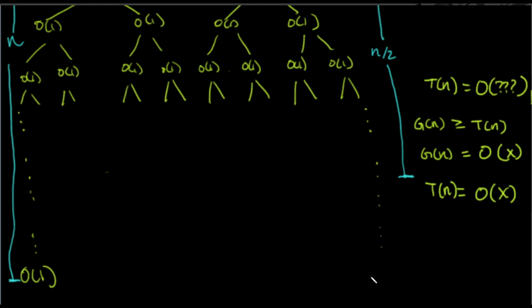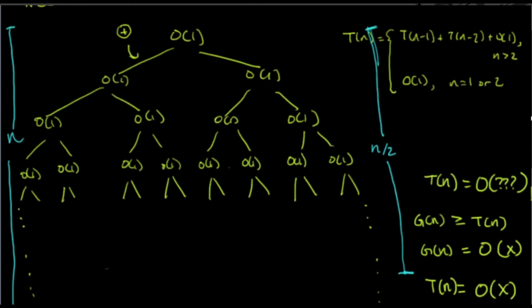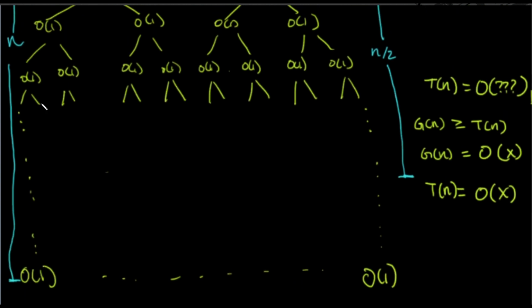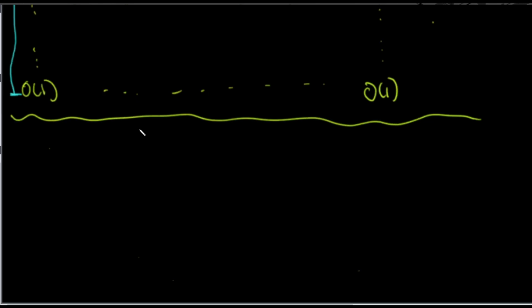We're going to bring this O of 1 down here, and we're going to do this for every single intermittent branch in the middle over here. We're going to bring all of them down to this extreme level. And now we have a symmetric tree, which will be much easier to solve for. Once we find the sum of this symmetric tree, we know that that will be a big O bound for T.